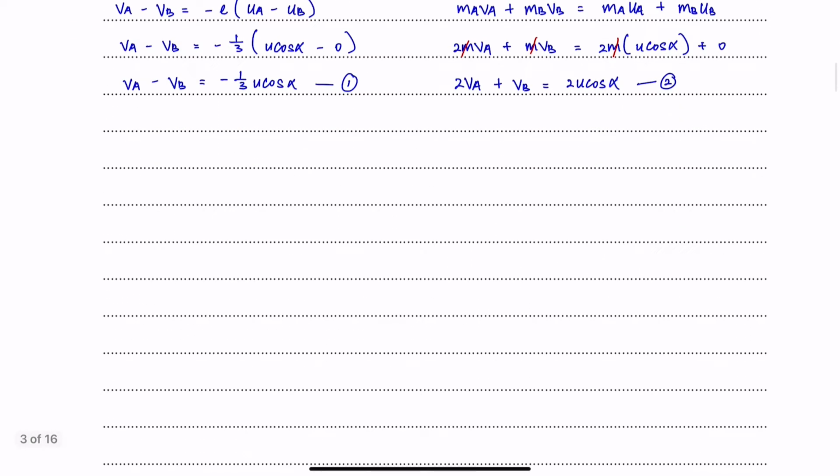Now we can take the first equation plus the second equation to get 3VA. VB is cancelled out because minus and plus cancel. So 3VA equals 5 over 3 u cos alpha, and VA would be equal to 5 over 9 u cos alpha.